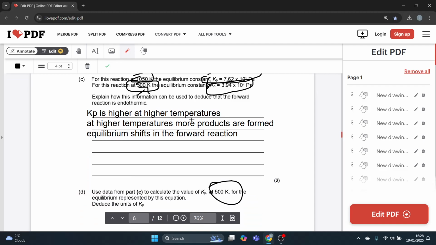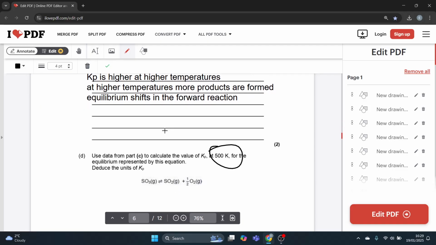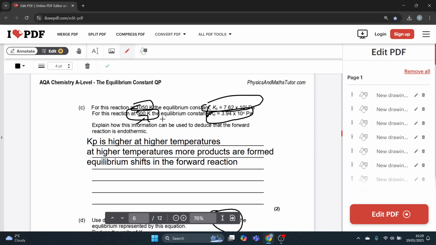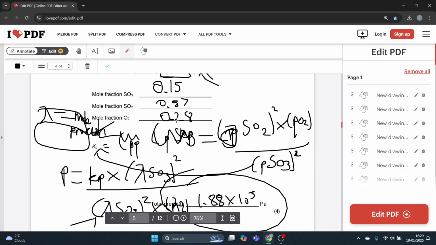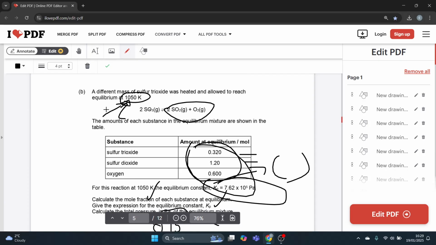So the value of Kp is just going to be 3.94 times by 10 to the power 4 divided by 2, which is 1.9. Actually, no, it's not going to be divided by 2 because it's not going to be that. Value of Kp at this, because this is at 1050 Kelvin.